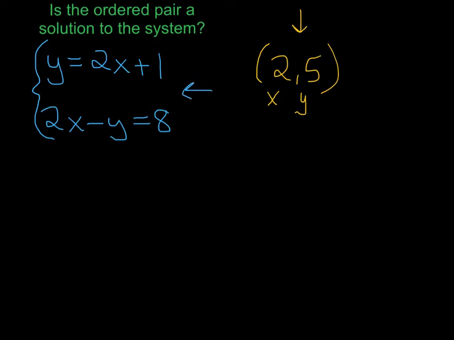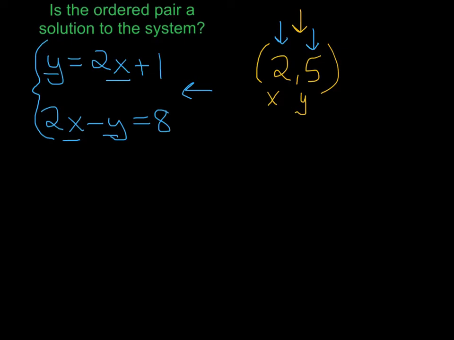We're not going to test it by graphing, we're going to test it by plugging in our x value for x in both equations, and then the y value, 5, in for y in both equations. And the test is to see if we create true statements or not for both equations. It has to work for both of them.